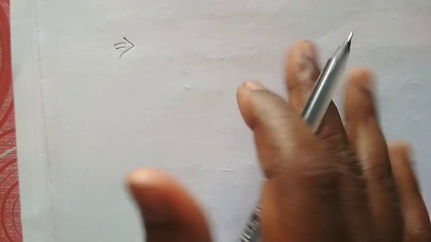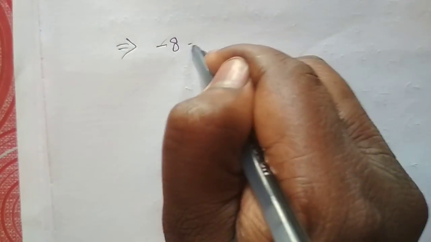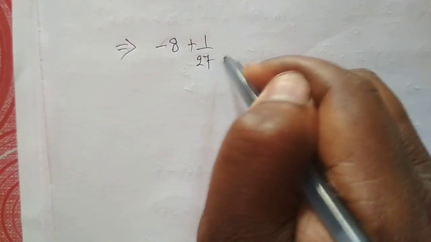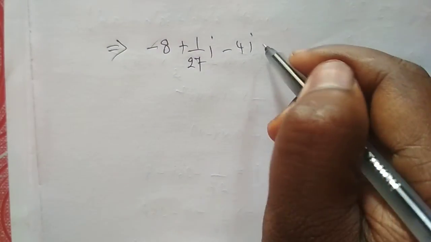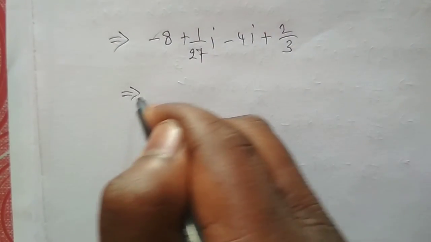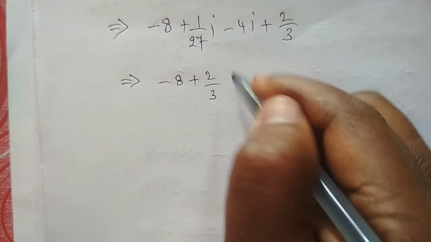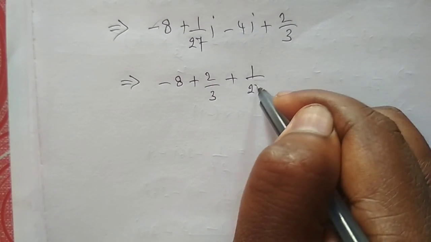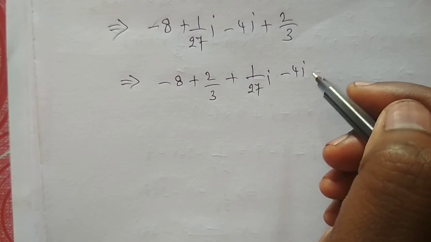That implies minus 8 plus 1 by 27i minus 4i plus 2 by 3. That implies minus 8 plus 2 by 3 plus 1 by 27i minus 4i.